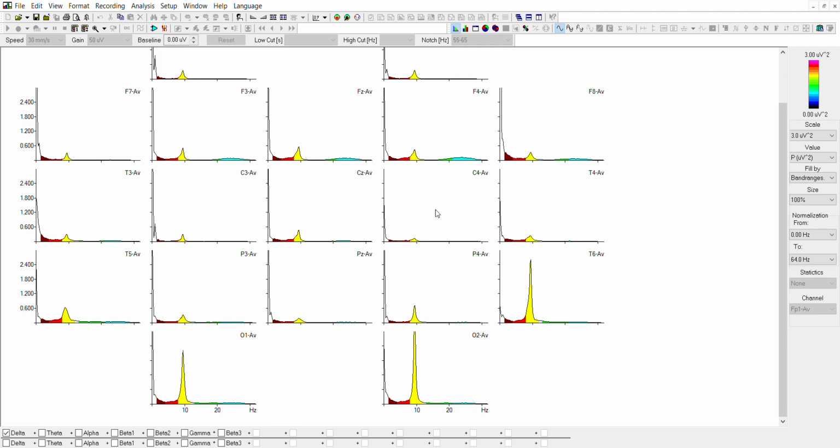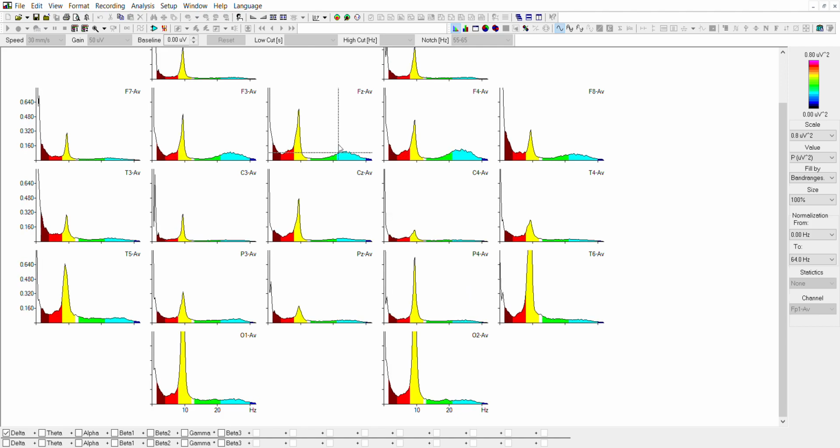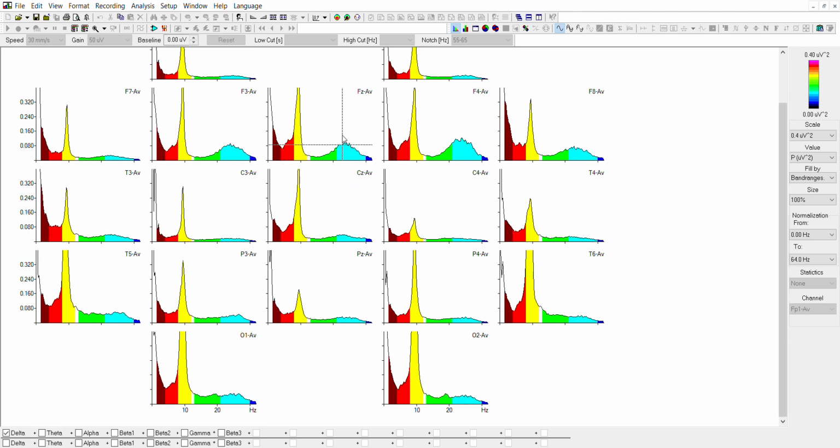For example, a lot of beta here, some of it is muscle tension, but others is real beta, and these can cause symptoms of anxiety and symptoms of insomnia and symptoms of hyperactivity or impulsivity.